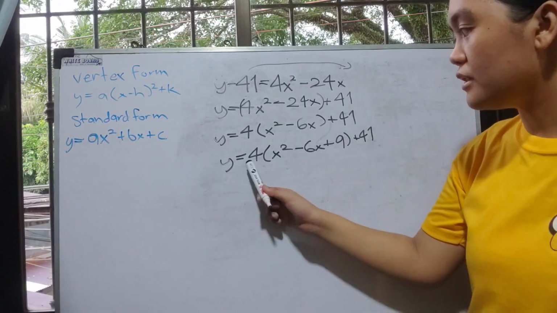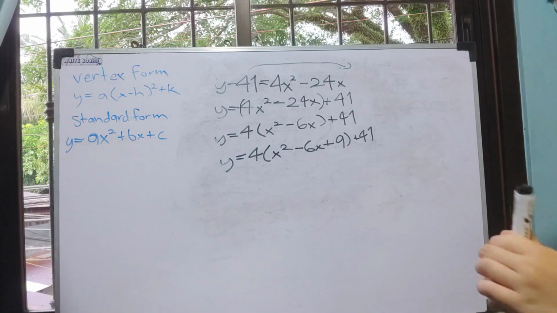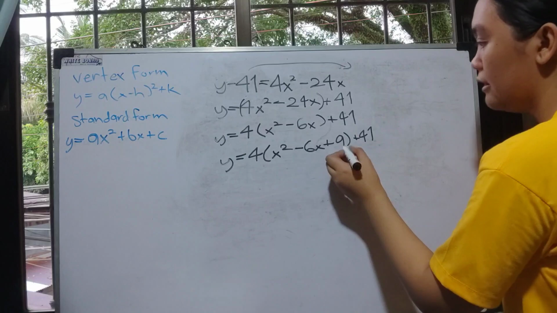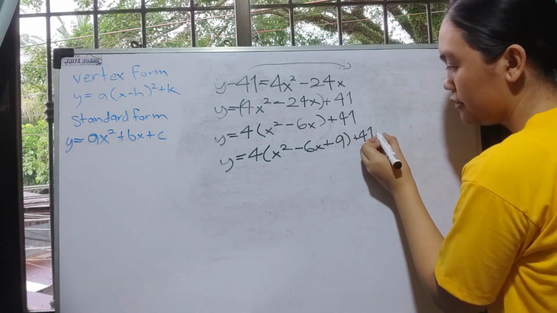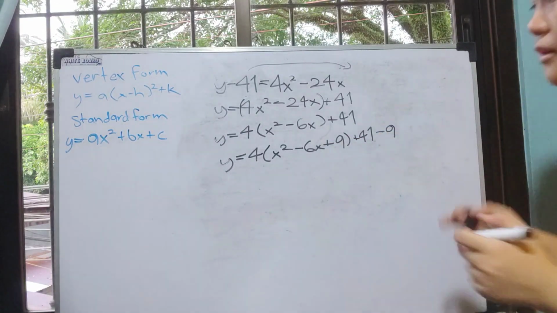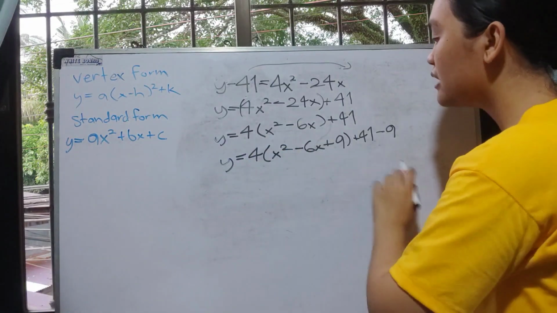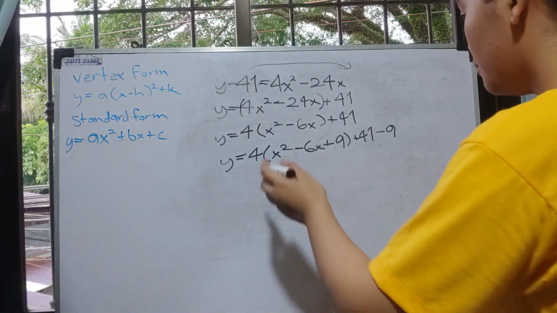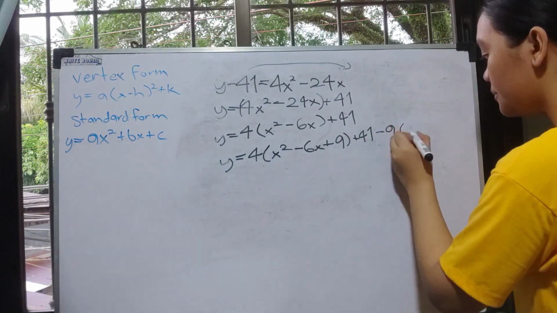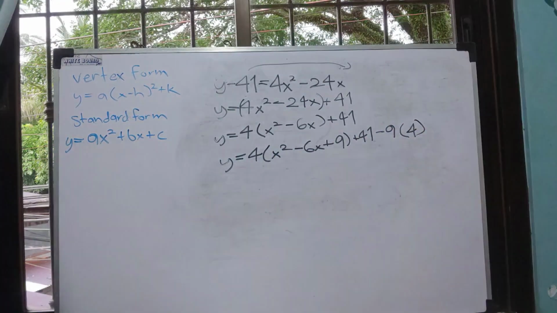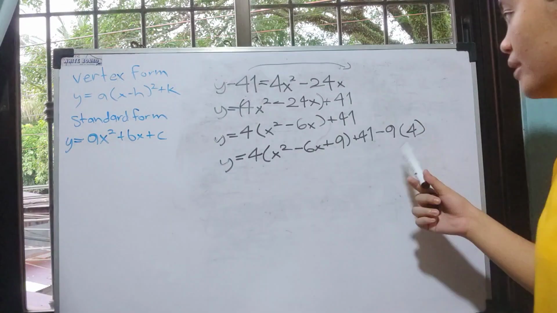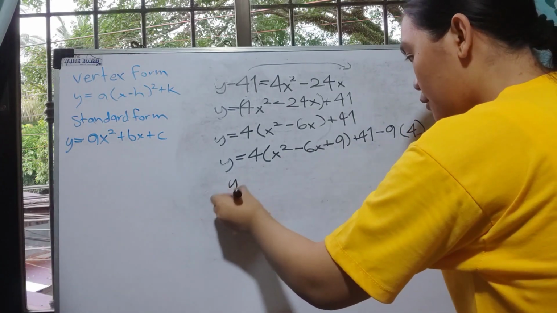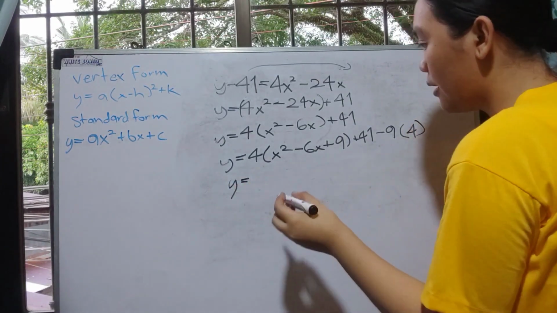Since there's something else here, a number here, let's remember to put the 9 here, negative 9. To make both sides equal, we also have to distribute the 4 onto the other side, so negative 9 multiplied by 4. Now let's convert it into the square of a binomial.